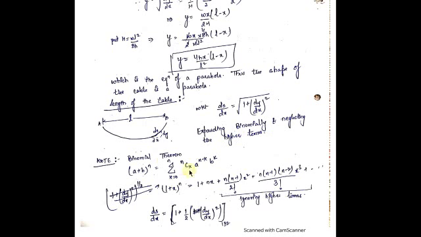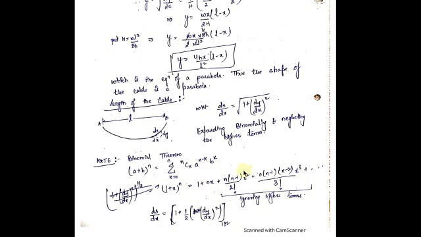The binomial theorem formula is: a plus b to the power n equal to summation of k equal to 0 to n, nCk a to the power n minus k, b to the power k. Now we have 1 plus x to the power under root, which we can write as half. So here the value of n is half. Suppose dy by dx whole square is x. When we expand 1 plus x to the power n binomially, we get this term.